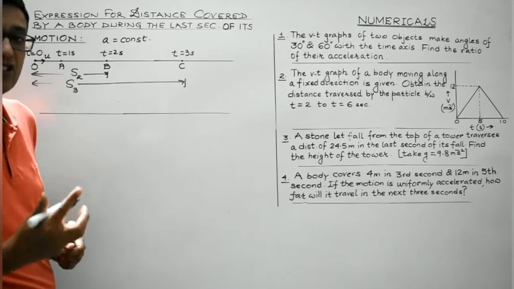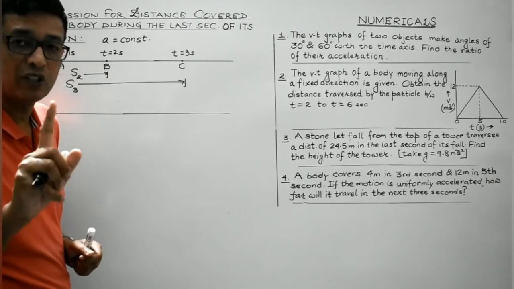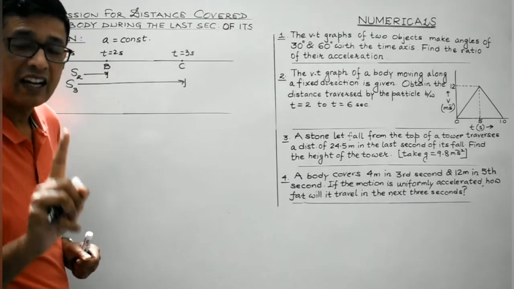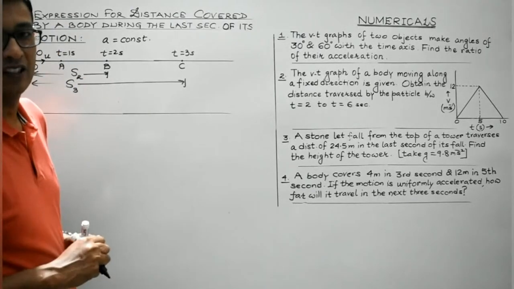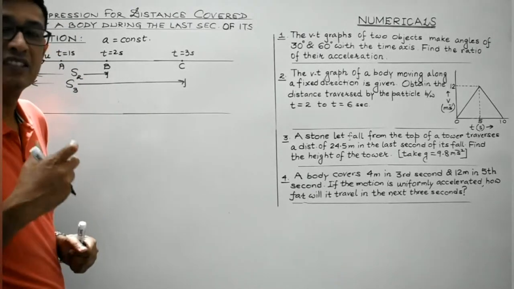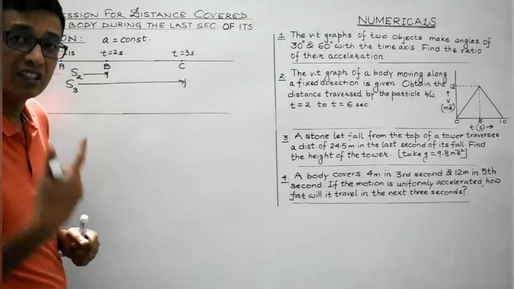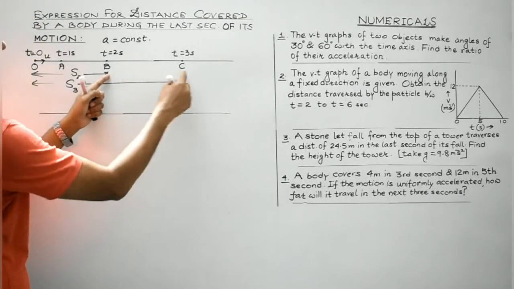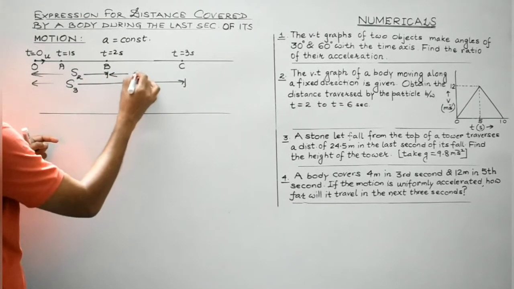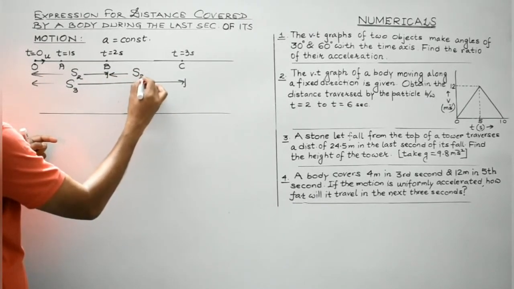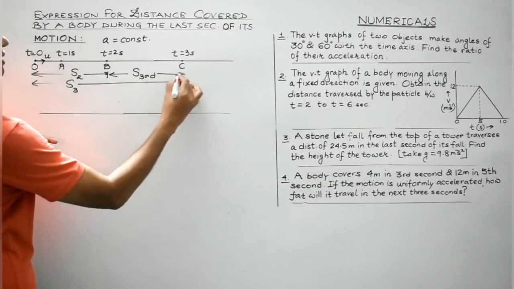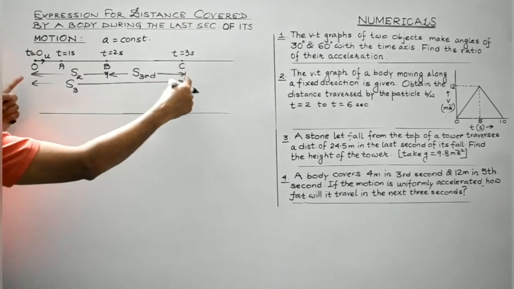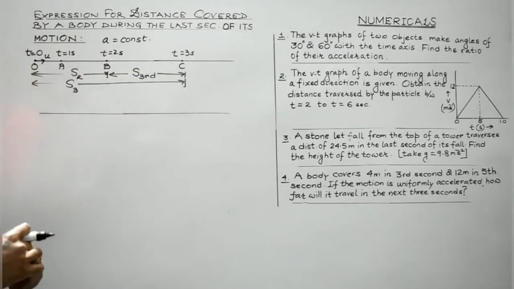So S2 and S3 are the distances covered by the body during 2 seconds and during 3 seconds respectively. So students, what will be the distance covered by the body during the third second? During the third second, the body has covered this distance, isn't it? So this is the distance covered by the body during the third second. So S third will be equal to S3 minus S2.